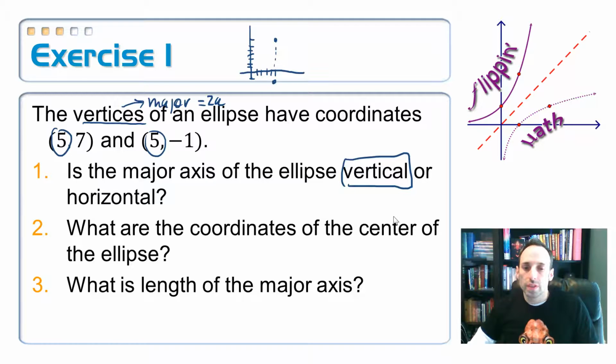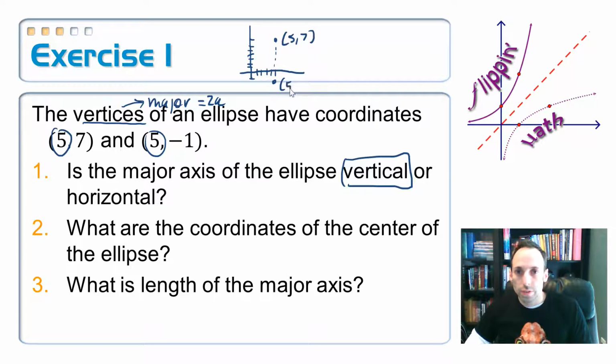What are the coordinates of the center of the ellipse? I just have the coordinates of these two vertices, (5, 7) and (5, negative 1). To get the coordinates of the center, that's the midpoint. It's halfway in between those two. So the midpoint's the average of these two coordinates. So the center point is going to be, well, 5's never going to change.